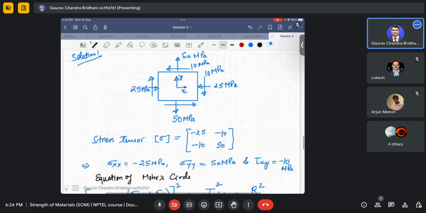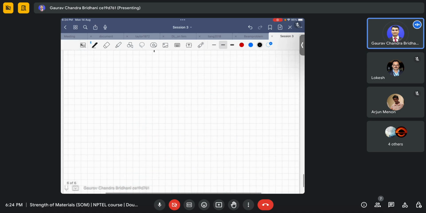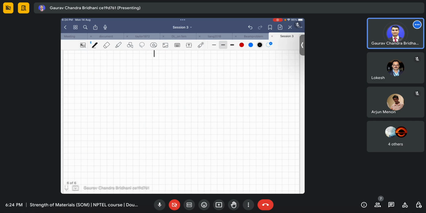So I'll write the situation: what is the situation in the x plane and y plane? Stress tensor components on the x plane.